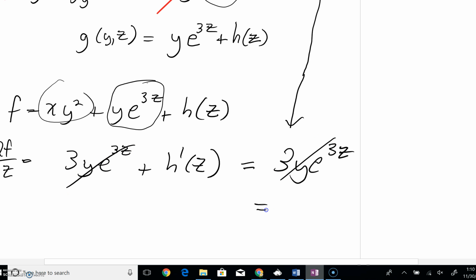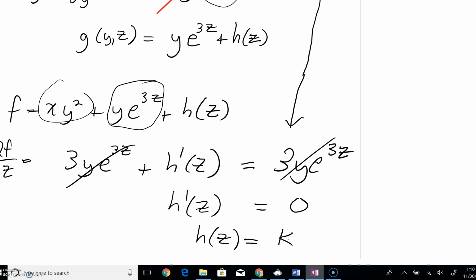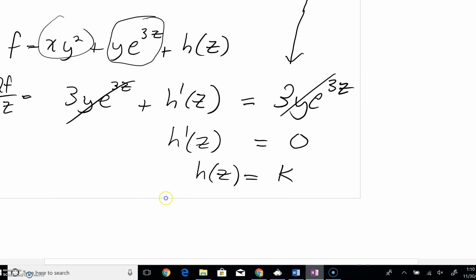What's left on the right-hand side? 0. Wow. So now I'm going to take my antiderivative of 0 with respect to z, and what do we get? Some constant. You could call it a c, you could call it a k. But guys, that's what that h of z really is.